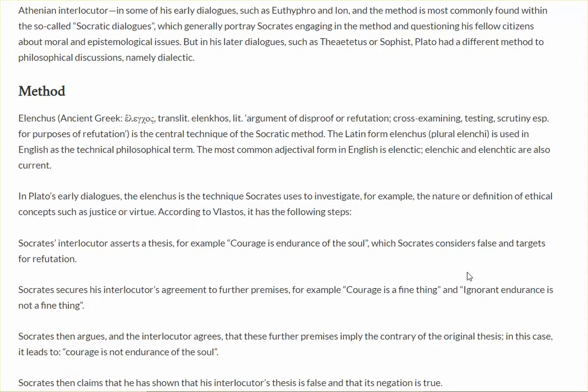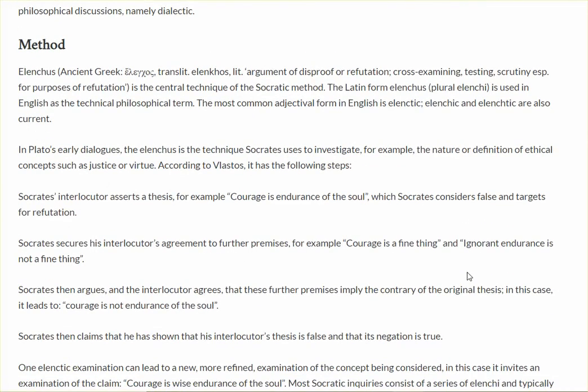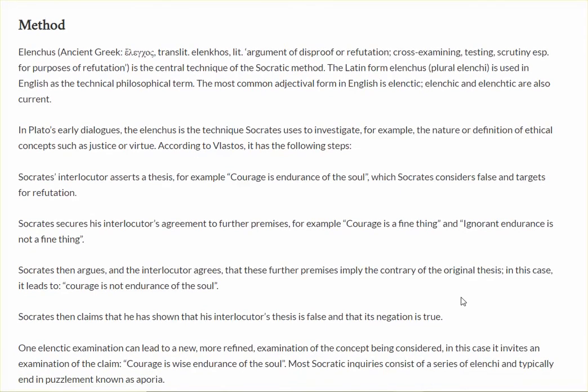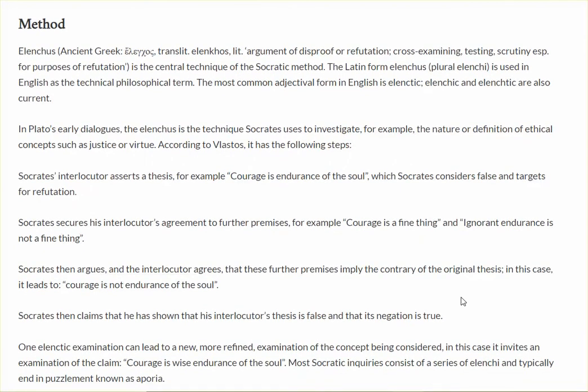Now, what is the method? Elenchus: argument of disproof or refutation, cross-examining, testing, scrutiny, especially for purposes of refutation. Elenchus is the central technique of the Socratic method.